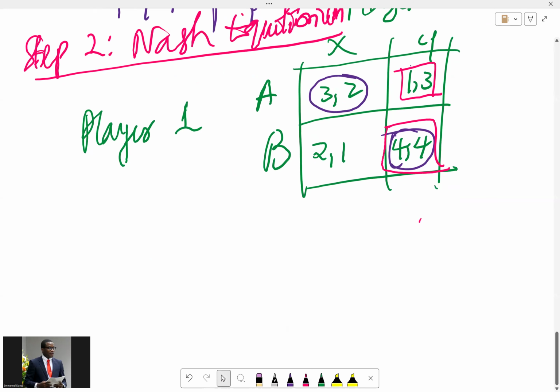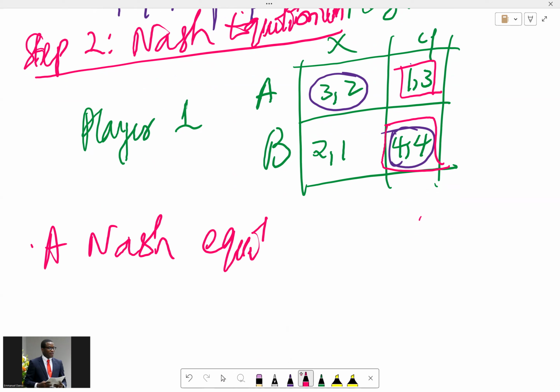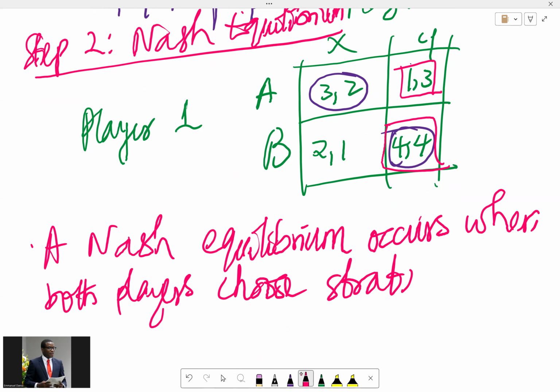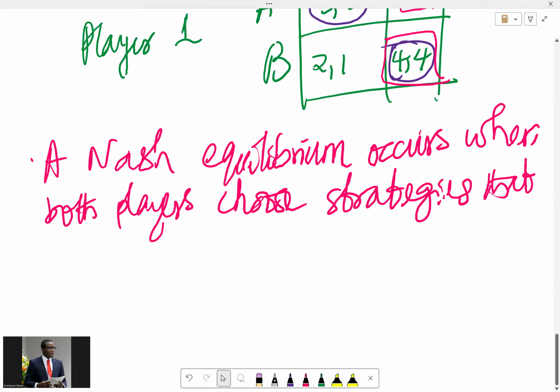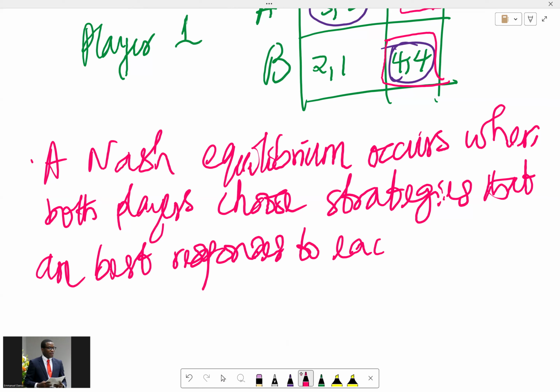Okay. So talking about Nash equilibrium now, I can now say that a Nash equilibrium occurs when both players choose strategies that are best responses to each other's choices.